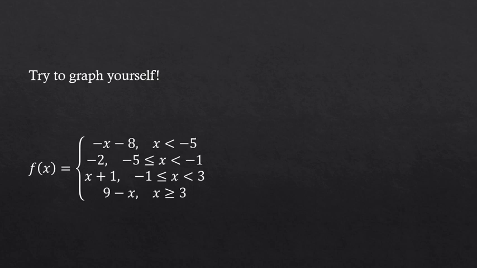It's equal to x plus 1, provided x is greater than or equal to negative 1 and less than 3. And it's equal to 9 minus x, provided x is greater than or equal to 3. So press pause here and try to graph this on your own. If you think you have a graph, then press play, and we'll see if your graph is correct.